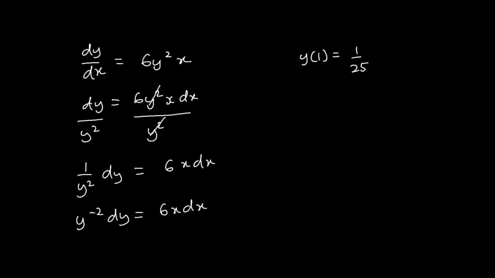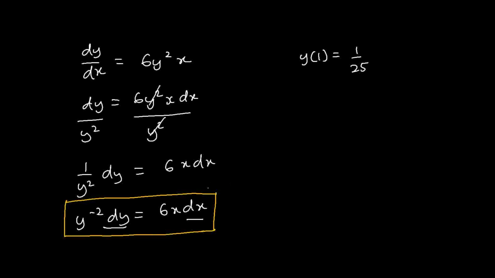Now we want to find a solution to this differential equation that I have here. So how are you going to do this? To find a solution, you have to get rid of the derivatives here.